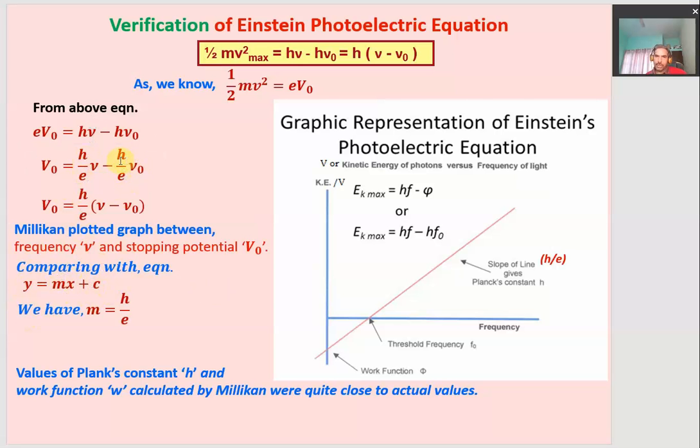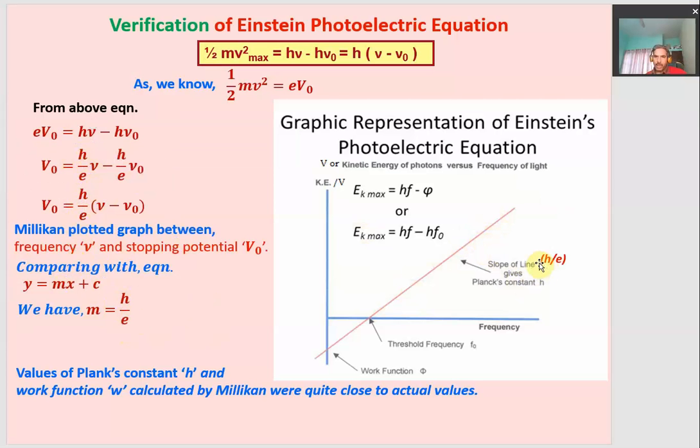It is already constant because each and every term here is constant. So m is nothing but the slope. That means the slope of this graph will be m, which is h upon e here. We need not calculate h upon e here. Whatever the slope of this graph is, it will be h upon e, right?